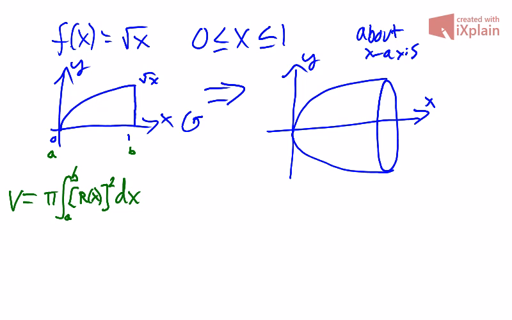Now r of x, that's the radius. So if you recall the derivation of the disk method, r of x is the radius of the approximating disks. All right, so we can see the radius of my solid at the base is like this, right?